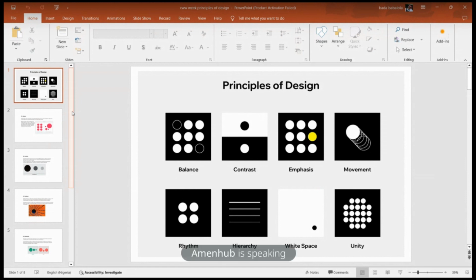So quickly, we just want to talk about the principles of design. Now, this is different from the elements of design. This is another interesting part of designing itself.